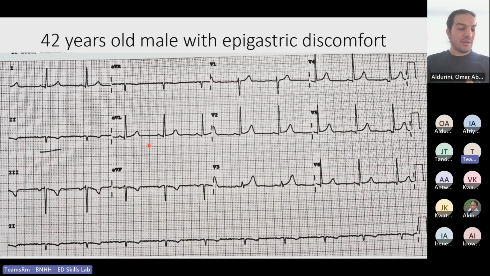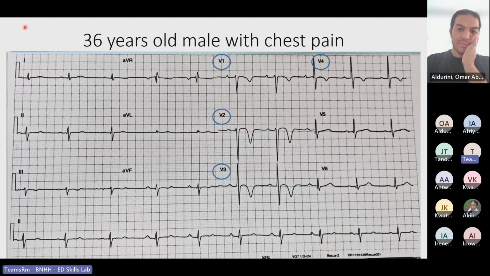So you can notice by now that we usually have to depend on changes that are present in 2 or more leads in the same wall. For example, if we have a T wave inversion in just lead 3, for this example we will just focus on the inferior leads.